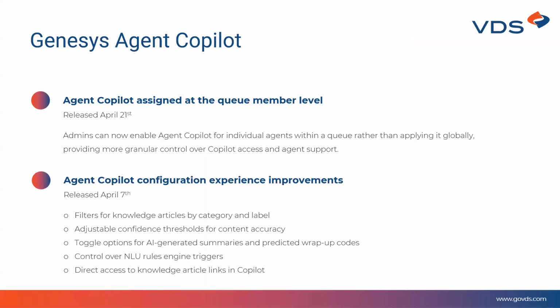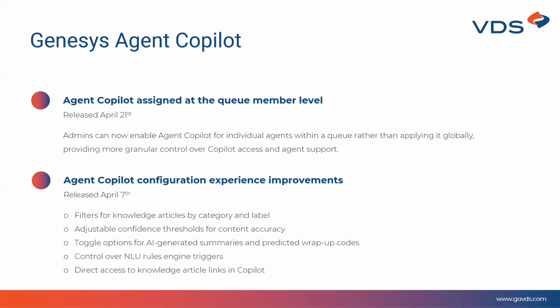And then finally, a couple for Copilot. The first one is a big one that I know many of my customers have asked for, and that's the ability for Agent Copilot to be assigned at the queue member level. It gives you the option to assign Copilot to an individual within a queue rather than having to apply it to everybody within a particular queue.